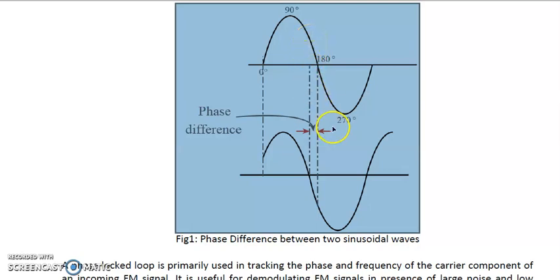So we have drawn two vertical lines at the 180 degree angle of each sinusoidal wave.